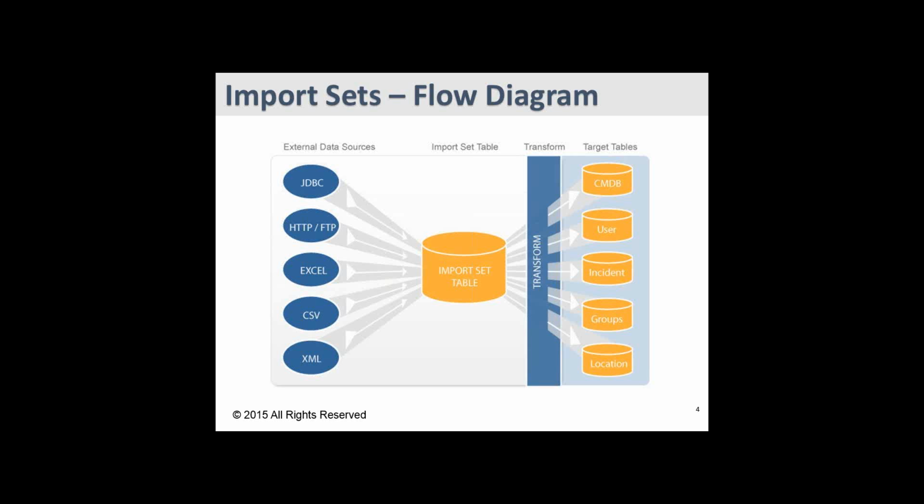And then once it is done, we will map the staging table, whatever you imported, with the original tables. Say for example, in your Excel sheet, instead of user ID, you mention it as username, but in the original table, the name is user ID.